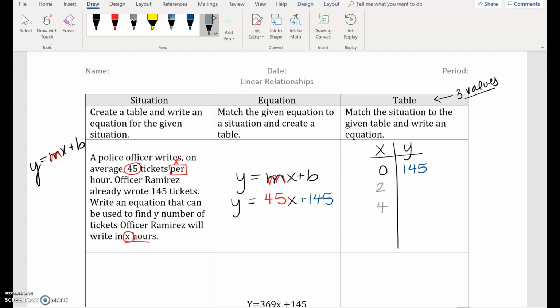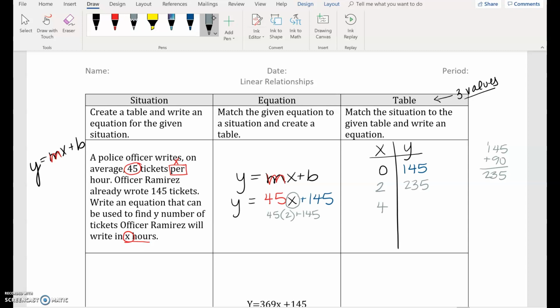So if I choose 2, I'm going to plug 2 in for x. So I'm going to do 45 times 2 plus 145. Well, I know 45 times 2 is 90. So 145 plus 90 is 235. Or sorry, not dollars, 235 tickets.